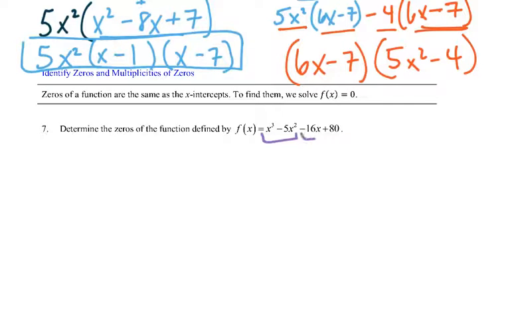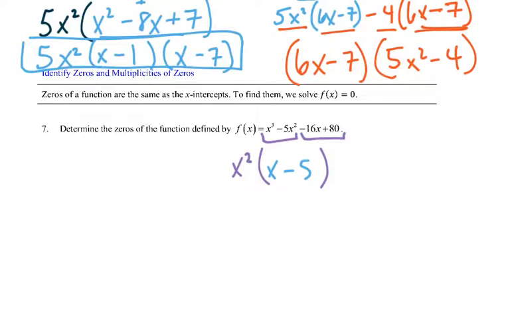So from x to the third minus 5x squared, I can actually factor out an x squared. And what remains will be an x minus 5.